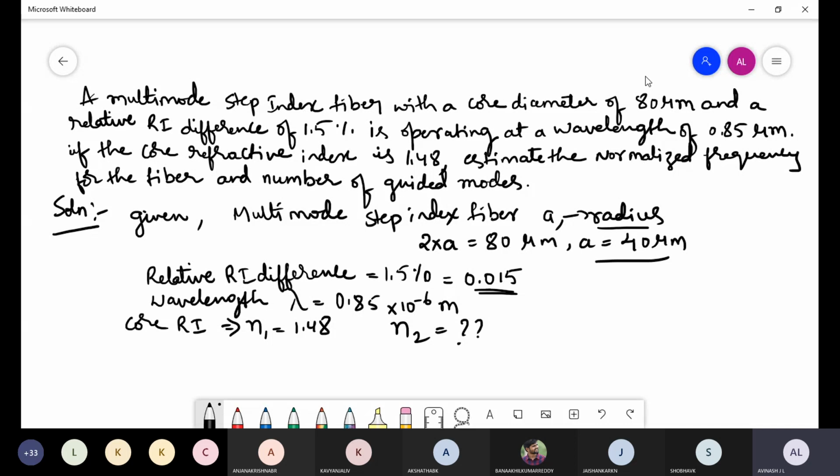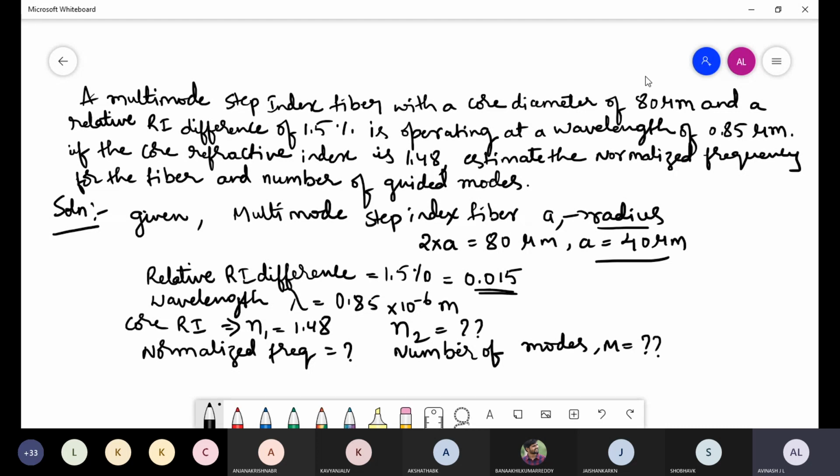Next, they asked to estimate the normalized frequency, V equals how much? After that, the number of modes M equals how much?